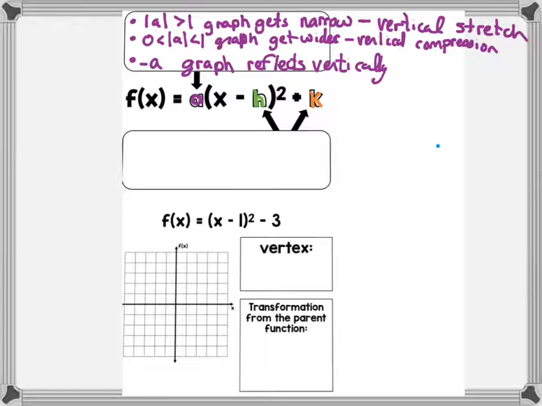Now let's look at what's happening with the H and the K. H is a horizontal shift. K is a vertical shift.